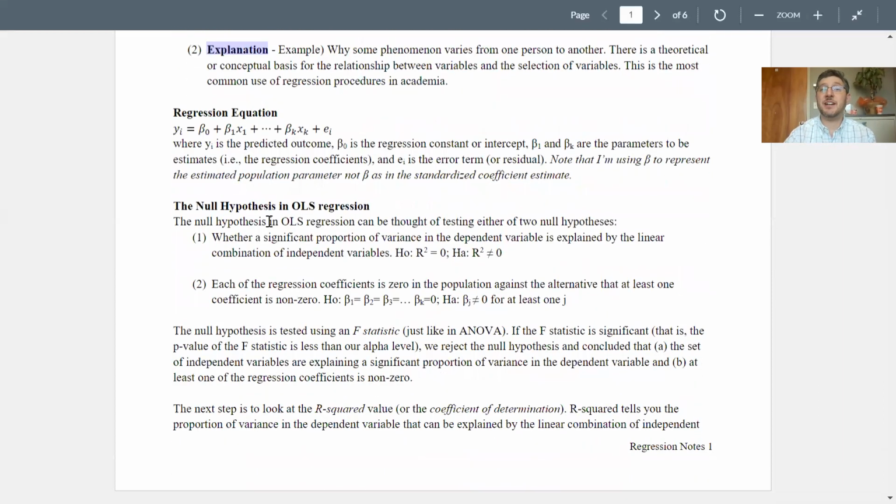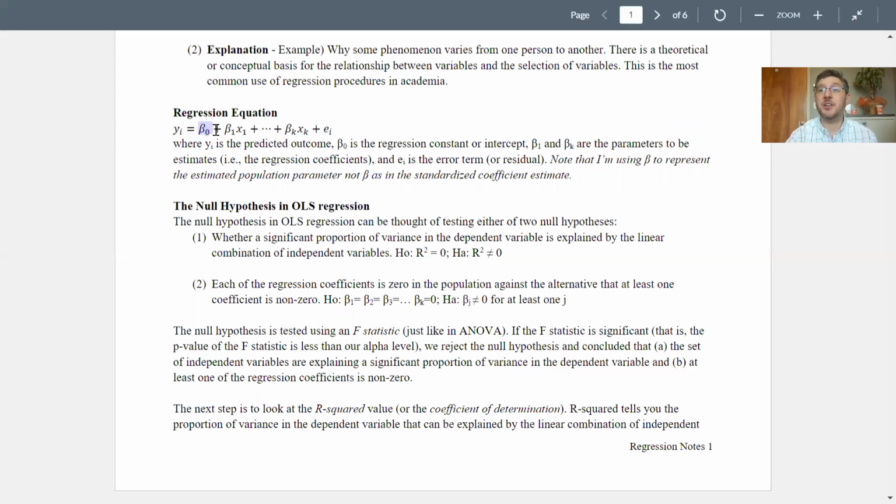This is what you would call the regression equation. If you remember, it's just the equation of a straight line. If you remember from fifth grade algebra, y equals mx plus b. This is the same thing. We're extending it to have more mx's in that equation. So y is our predicted outcome.